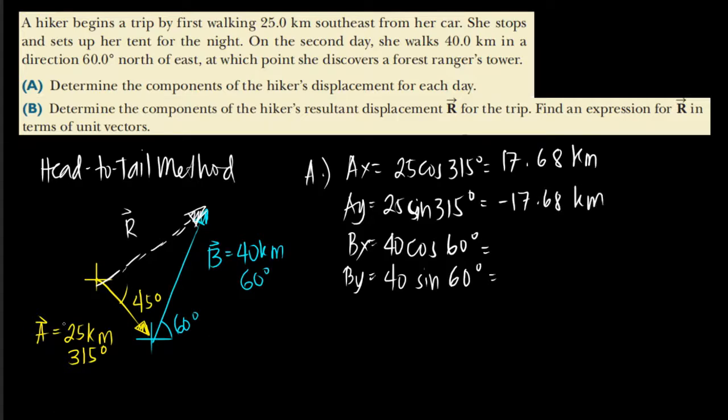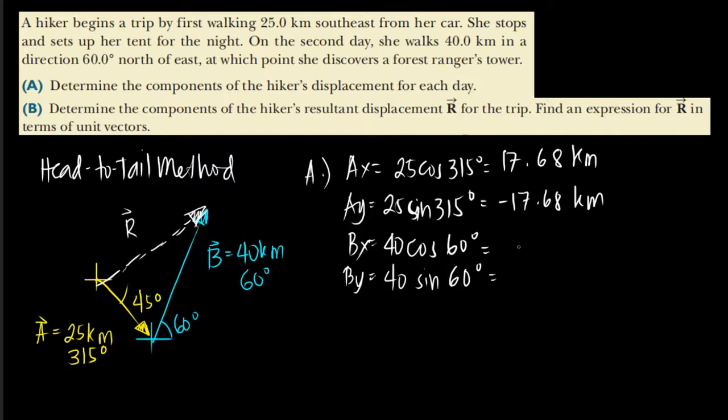Also, notice guys, if we're talking about quadrants, vector A is pointing towards the right, so positive x, and pointing downward, so negative y. Correct. Vector B is pointing upward, so positive y, and pointing to the right, so x should also be positive. So let's try 40 cosine 60.